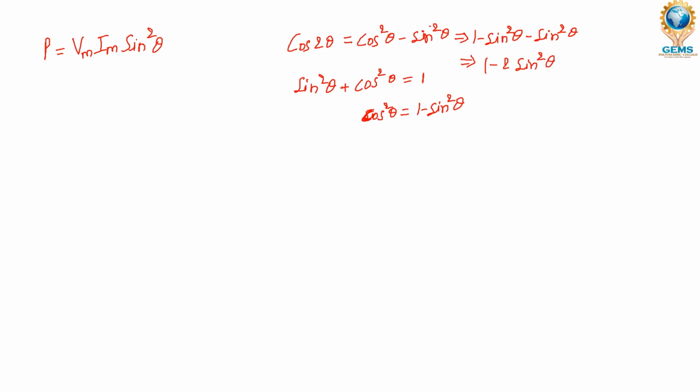Now we got this one formula, I am continuing it. Cos 2 theta equals 1 minus 2 sin square theta.